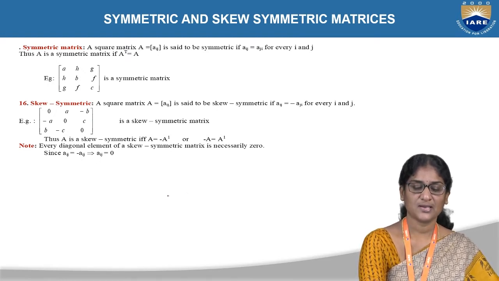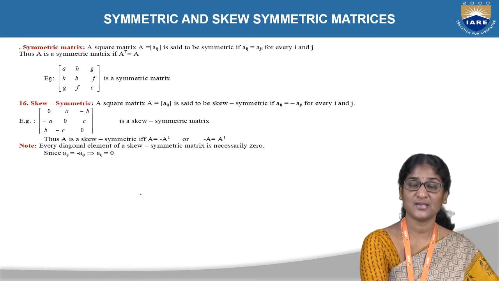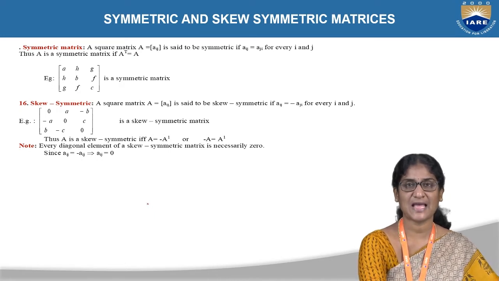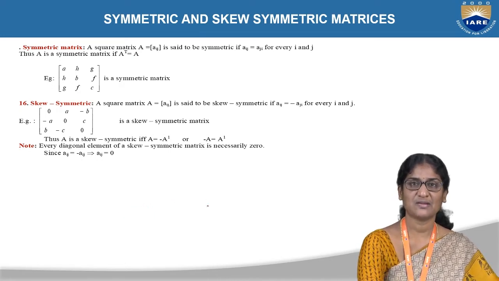So here Aij is equal to Aji. There is no bar operation here. We are just interchanging the rows and columns. So if A transpose is equal to minus A, then we can call such a matrix a skew-symmetric matrix.